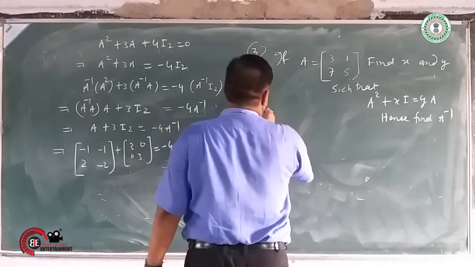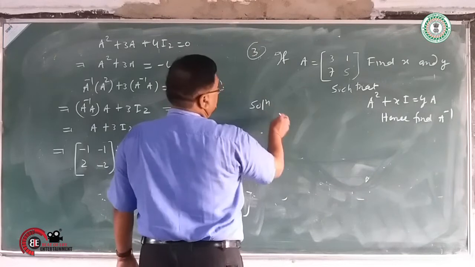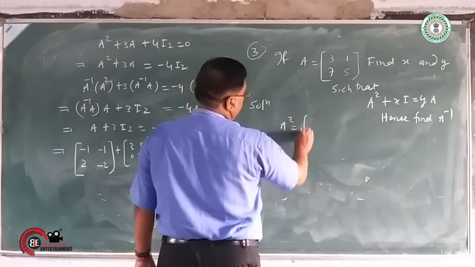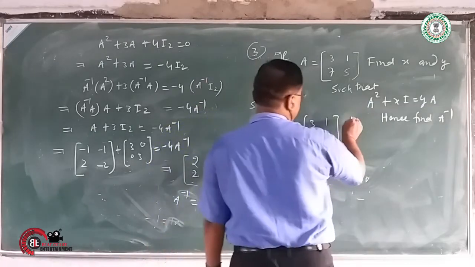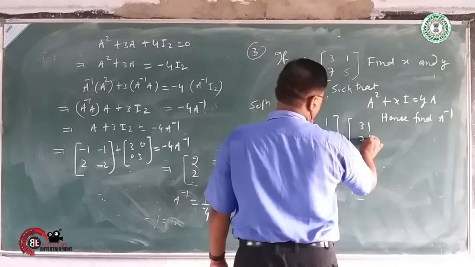So we will proceed for that. First we find the solution. A square is [3 7; 1 5] times [3 7; 1 5].